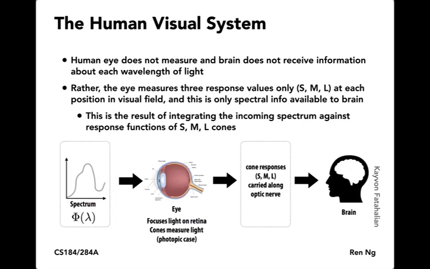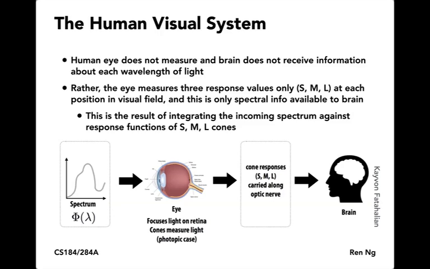Okay, I'll continue this. Hopefully I won't beat this horse to death, but just to reiterate again, the human eye does not measure and the brain does not receive information about each wavelength of light. Rather, the eye measures 3 response values only, 3 scalar values SML at each position in the visual field, and that is the only spectral information that will be available to the brain.